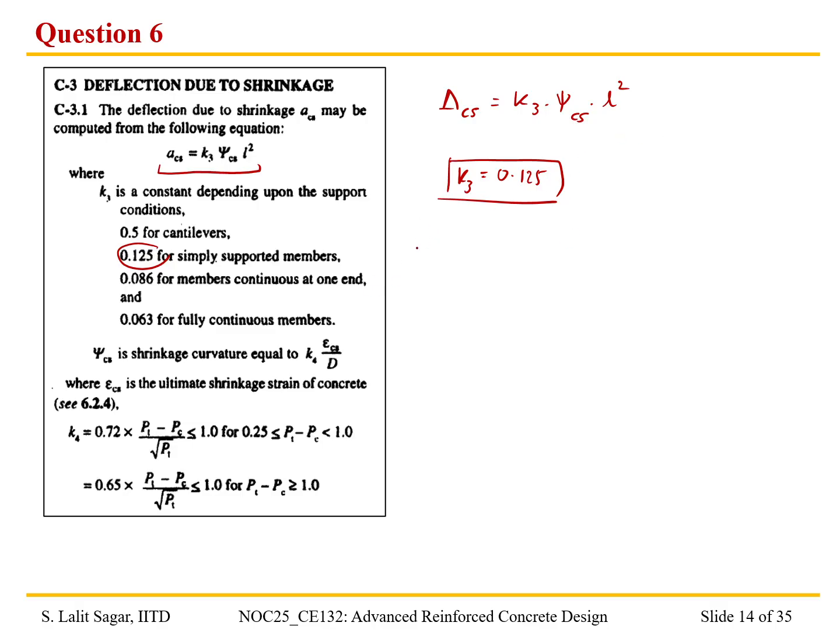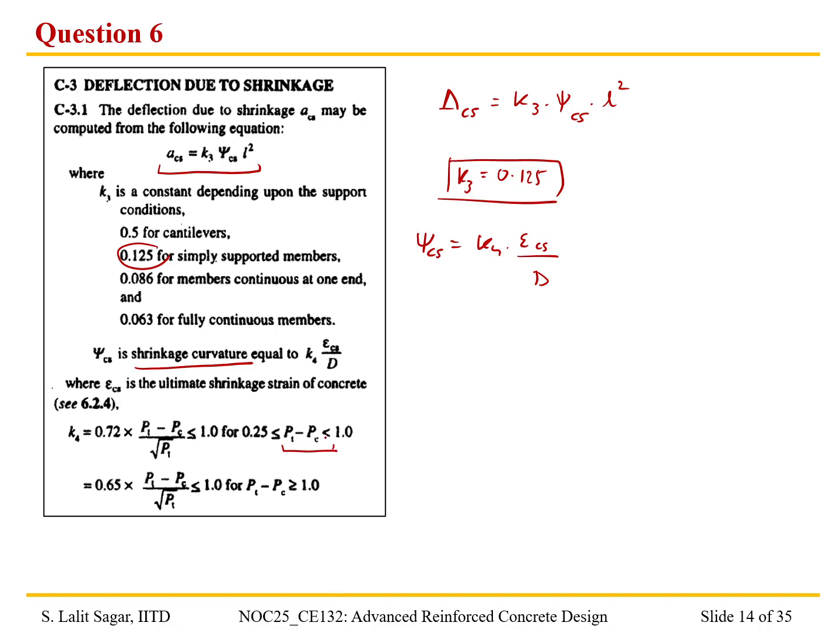We know the value of L, which we can substitute later. Let us find out the value of psi CS. This psi CS is called the shrinkage curvature, that is equal to K4 multiplied by epsilon CS divided by D. What is the value of K4? K4 depends on the percentage of steel in tension and compression.